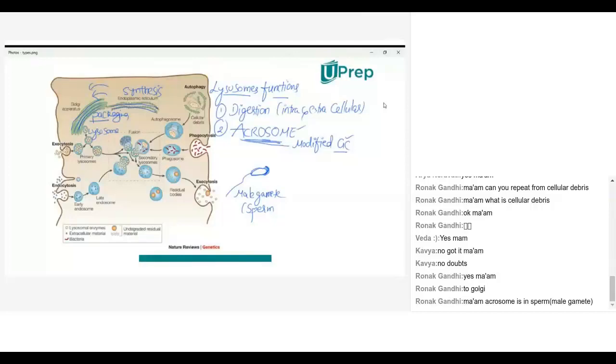When the male gamete comes in contact with the egg cell, which we usually call the female gamete, the egg cell is made up of a double membrane, which is very hard, and it has to be broken up so that fertilization can happen.